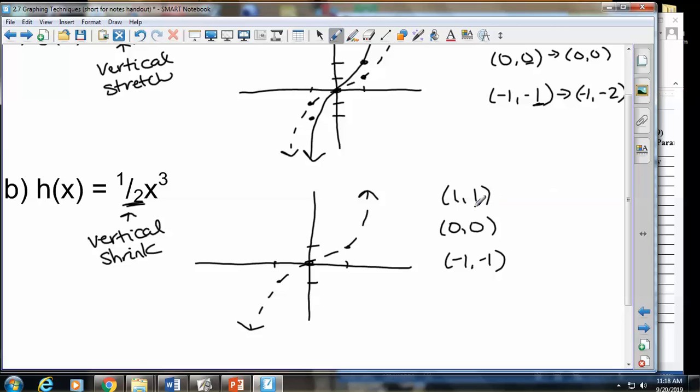So it is just going to multiply each of my y values times a half. So (1, 1) would become (1, 1/2). (0, 0) would become (0, 0). (-1, -1) would become (-1, -1/2).